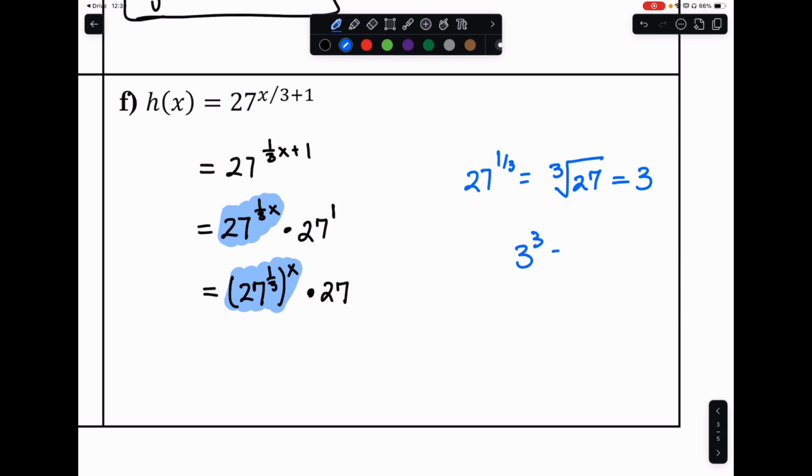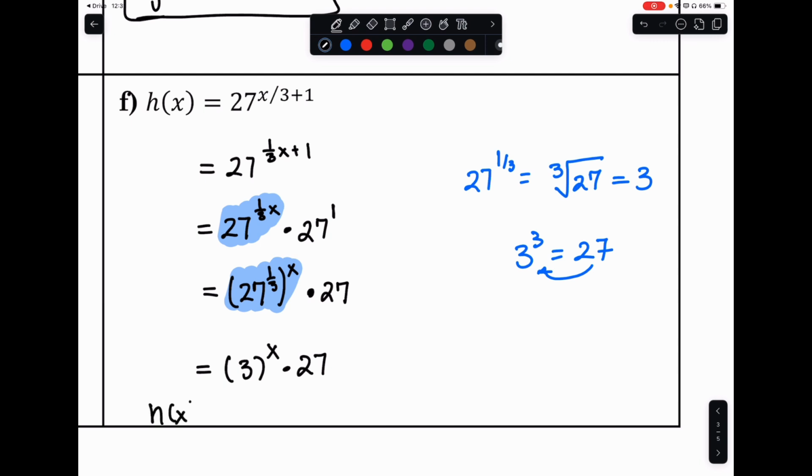Since 3 to the third power equals 27, going backwards, that would be this. So I have 3 to the power of x times 27, which again is h of x.